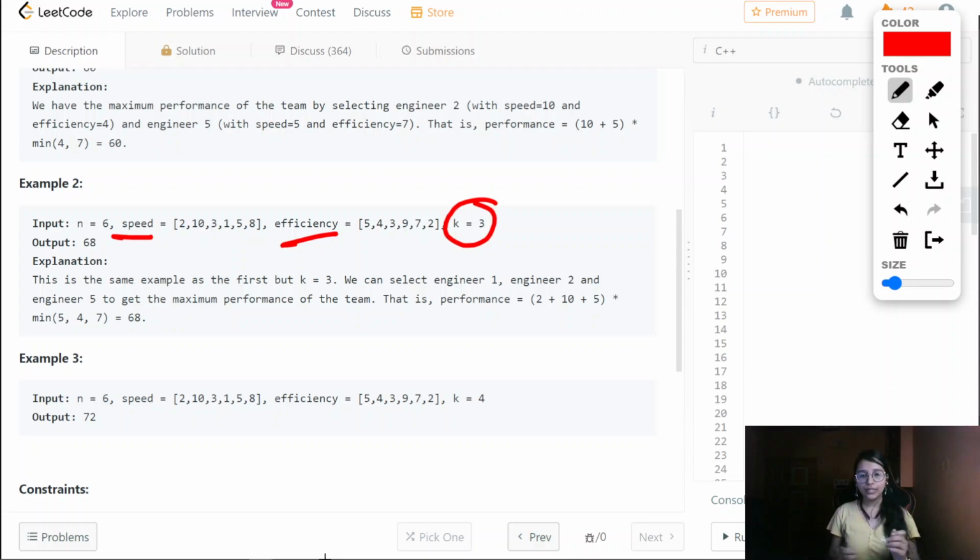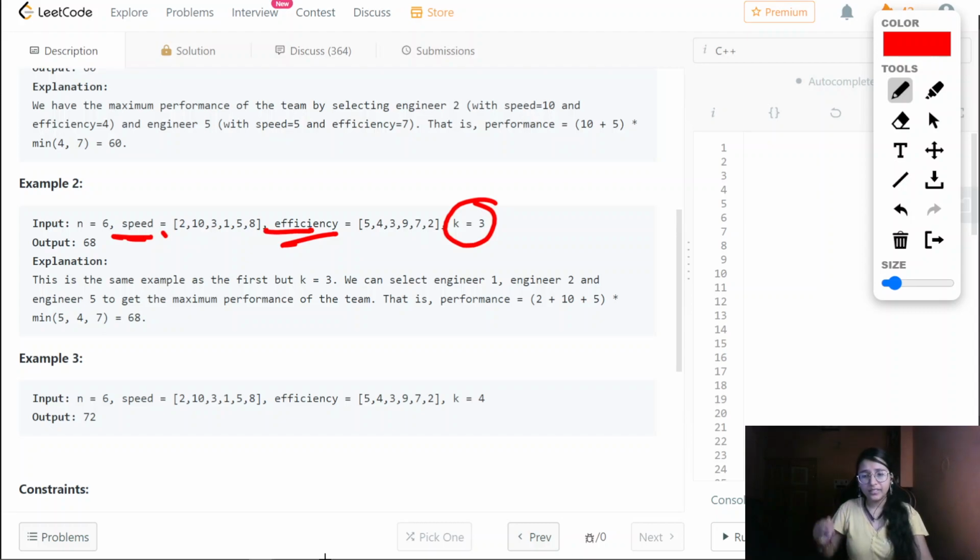So in that sense, first we are required to associate both the speed and efficiency, and after associating them, we are required to perform our required operations. So first we will be associating them, right? After associating them, we will be sorting them.